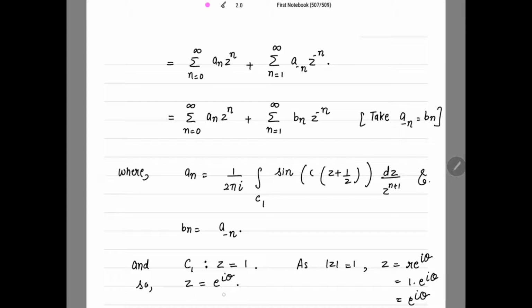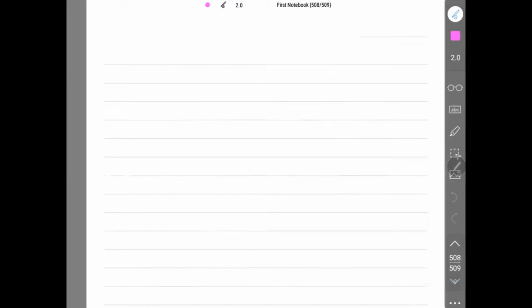So we have to put this z in this coefficient because I need my coefficient a_n, which I have to prove according to the question.